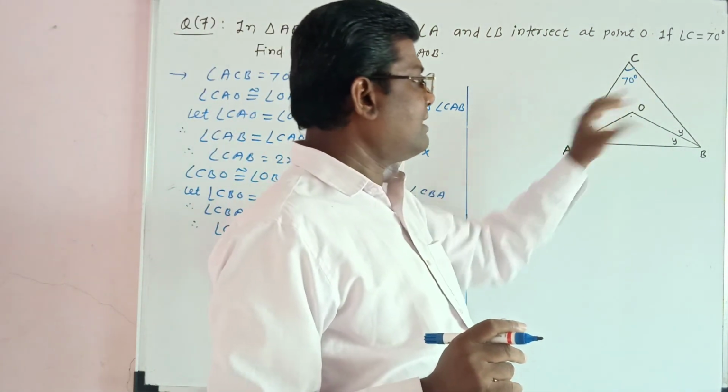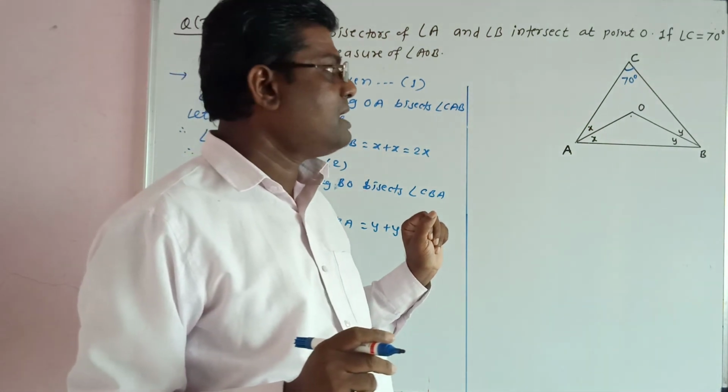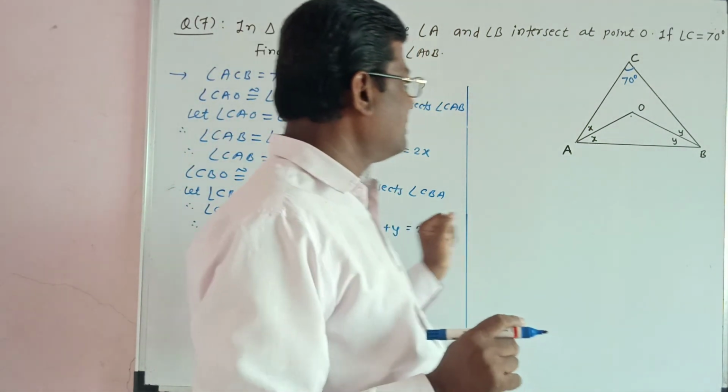Now, in triangle ACB, the sum of measures of all the angles is 180 degrees.